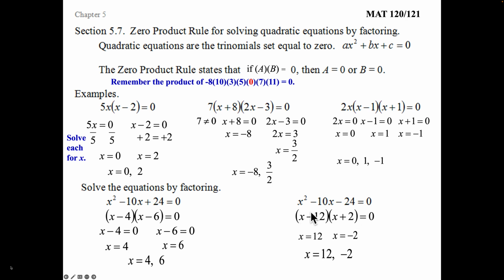So when we get to these binomials, just change the sign on that constant and set it equal to x. If we have some multiplying, we might want to set that equal to 0 and work through that.